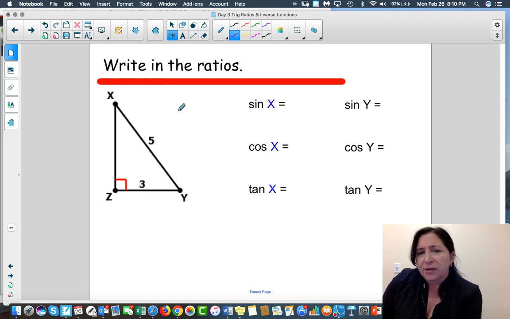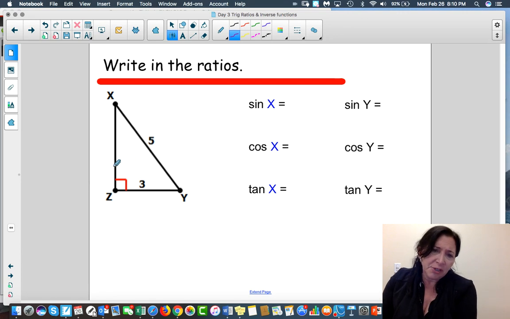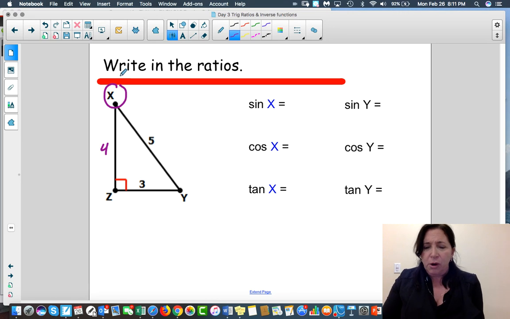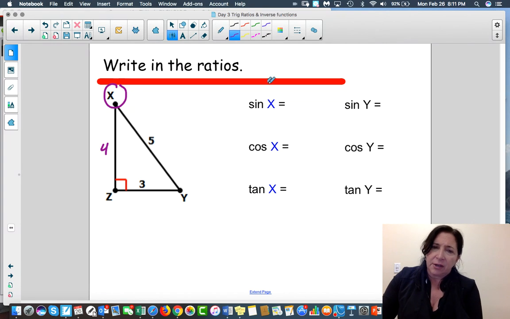So this is another example of the same slide that was on the previous page, but this is a 3, 4, 5 triangle, and now we're going to actually use numbers instead. So if I wanted to find the ratio for sine of x, I'd put myself at x, sine is opposite over hypotenuse. This is where I would advise you to pause the video for a second, fill these in yourself, and then come back to the video.